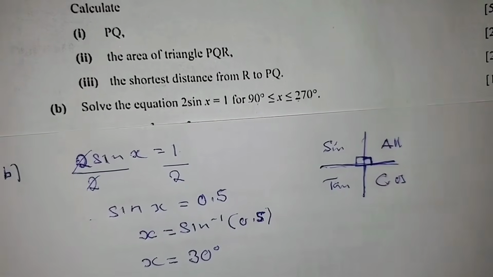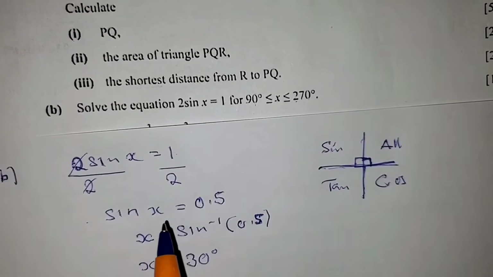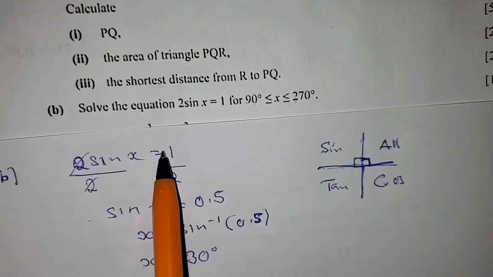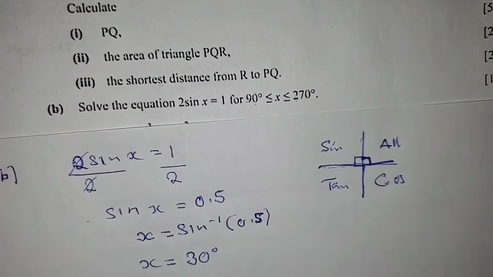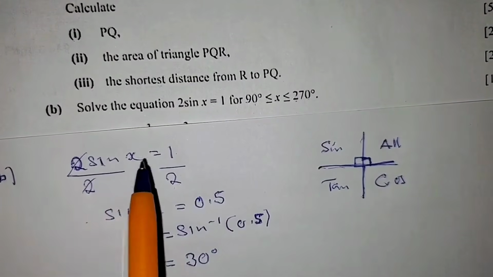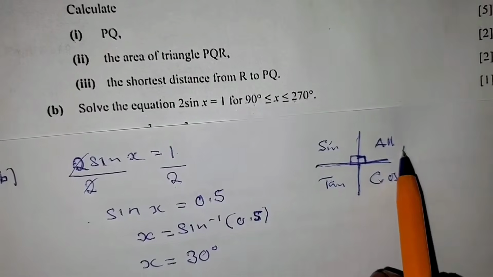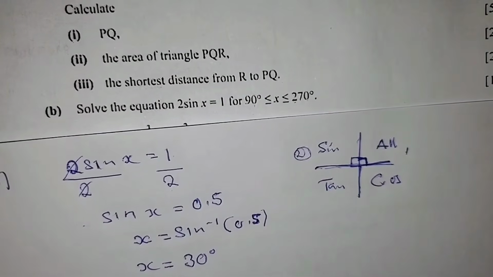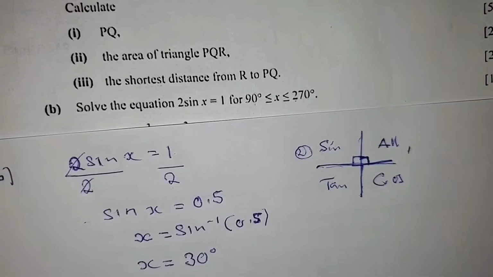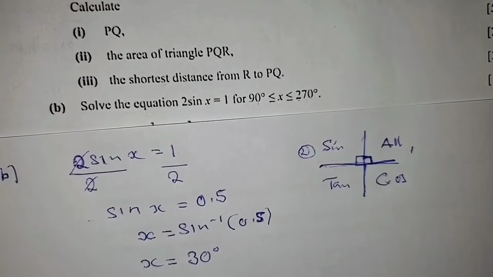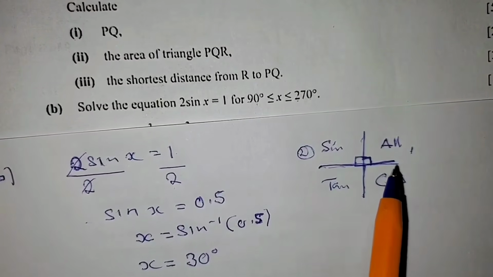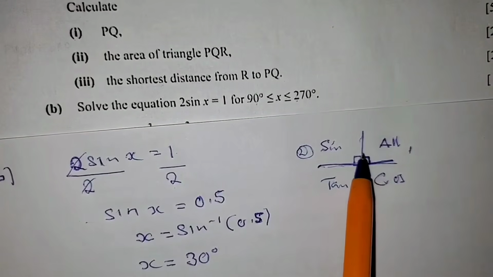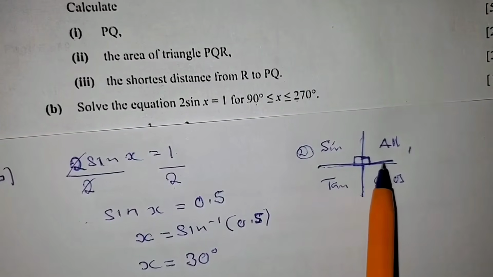Now, how can we know that this one is positive? Check the coefficient here in front, 1 over 2. Is 1 over 2 negative or positive? It is positive. Now where is sine positive? Sine is positive in the first and the second quadrant. Now the other question you may ask yourself is, are we supposed to include these 90 degrees from 0 to 90?